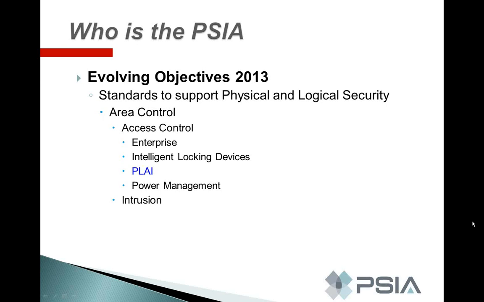More specifically, over the last couple of years, we've been very active in supporting a couple different subsegments of access control with profiles and specifications, and that includes the enterprise access control. We've been working actively on intelligent locking devices, PLAI, which is our physical logical access interoperability specification, and power management. Intrusion has gotten some attention, but probably not as much as area control. Next slide.